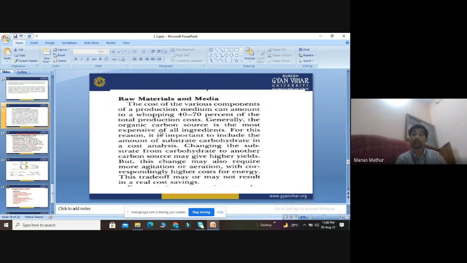So it will not be the appropriate step, because it can affect the cost benefit ratio. So proper agitator, proper instrument, we should know the exact cost in the market, and then we can focus on the raw materials and the media. These are one of the most prominent parts to start with for the fermentation industry, that is raw materials and the media.